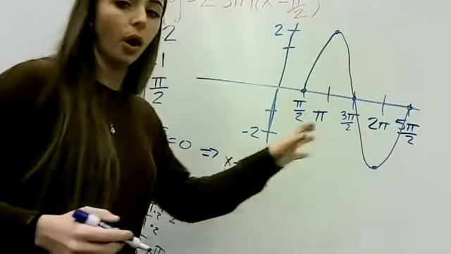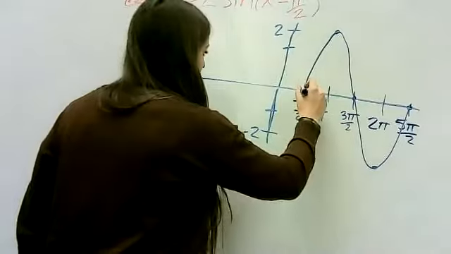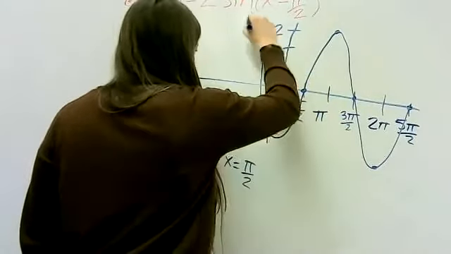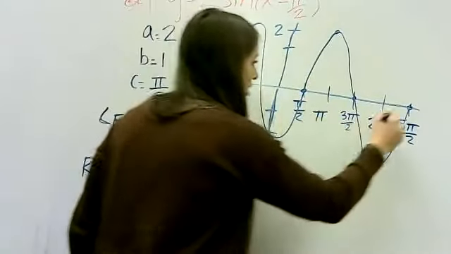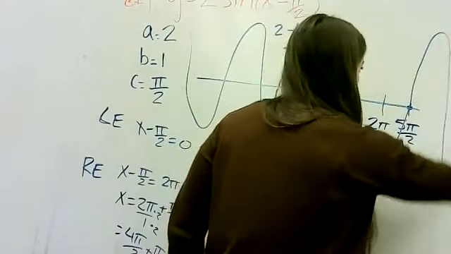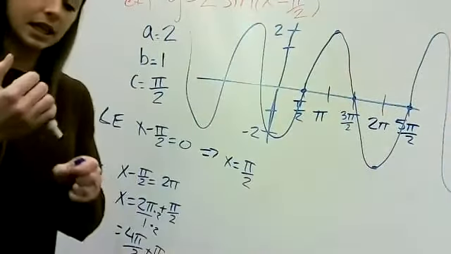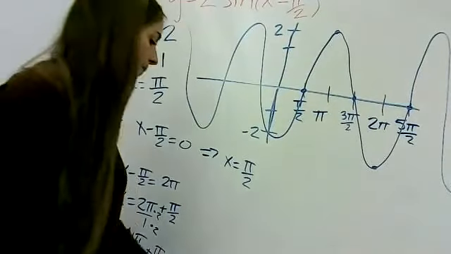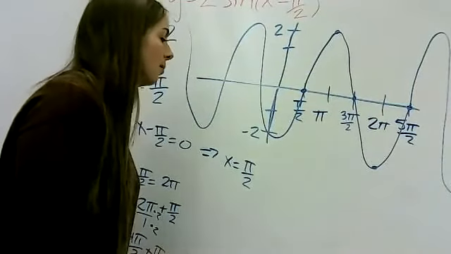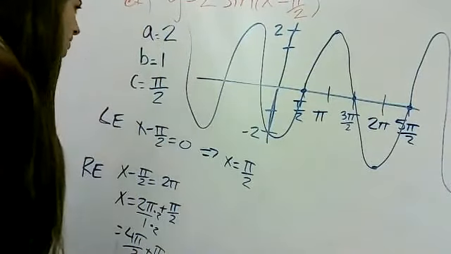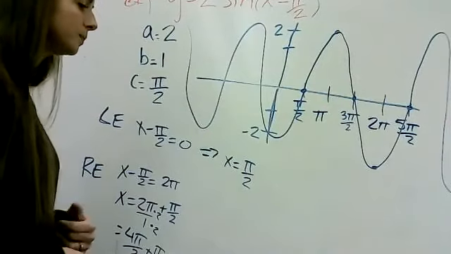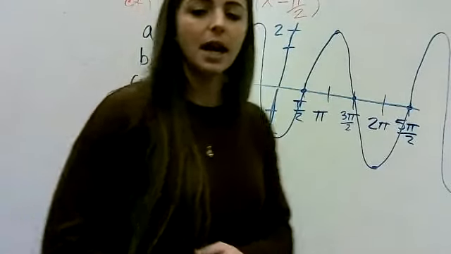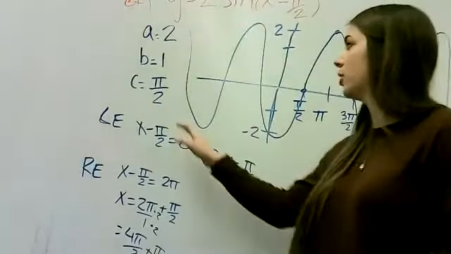I don't need you to put other points on here, but I do need you to say, well, I'm going to take this curve, and I know I'm still going to keep curving this way, just to acknowledge the fact that this is a continuous function. Okay. This covers all the things that you're going to see with a C value. Always keep in mind that I could have a different B value than 1.